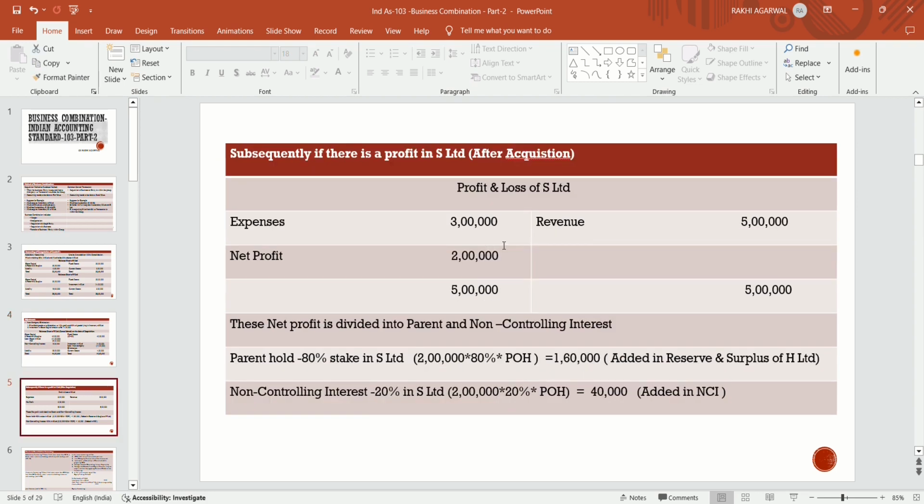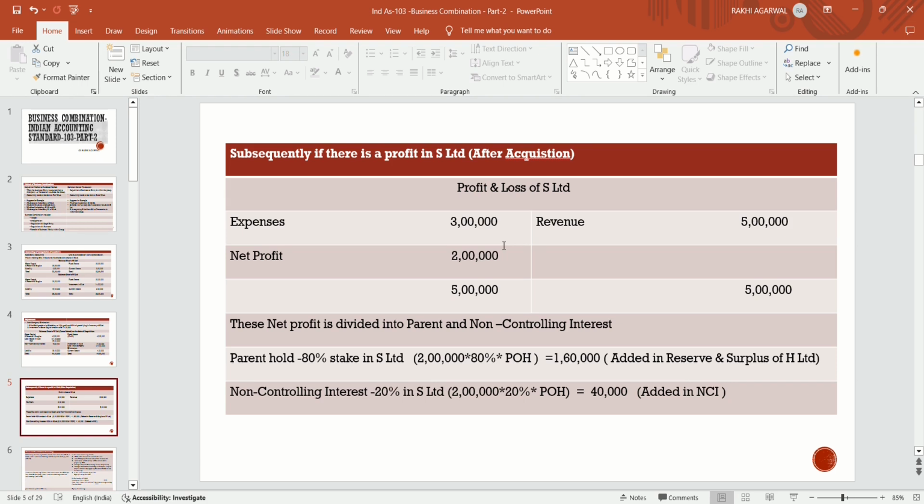And subsequently, if there is any profit in S Limited after acquisition, because they are not acquired 100%, they are working on their own.